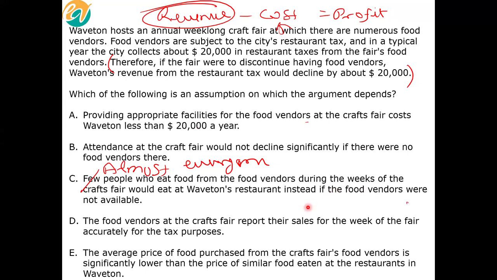Whatever they are paying, obviously they are being taxed, and that tax totals to $20,000. Whether that is more or less than the restaurant price would not contribute to the conclusion.